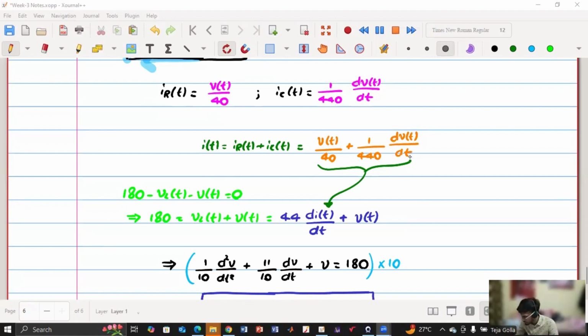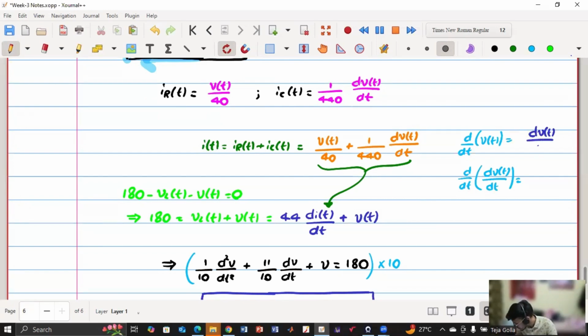So basically d by dt of v of t is dv of t by dt, and d by dt of dv of t by dt is d square v of t by dt square. So this is how we are getting it.